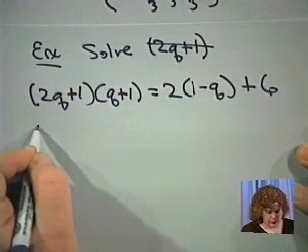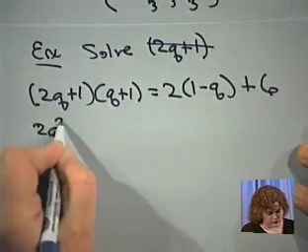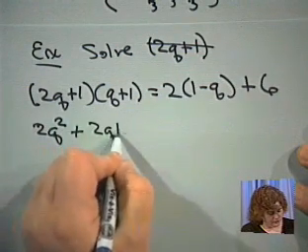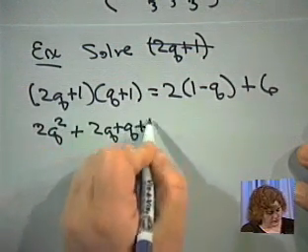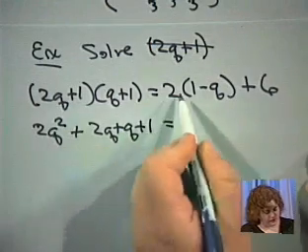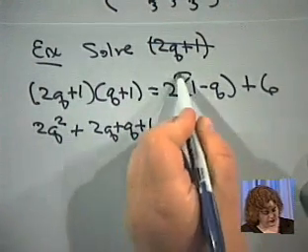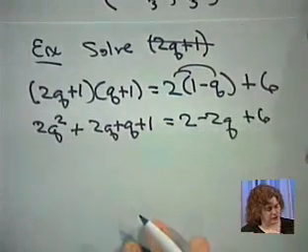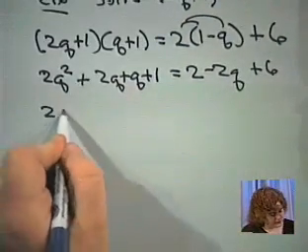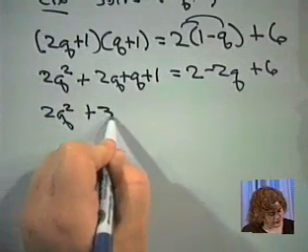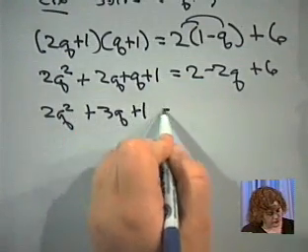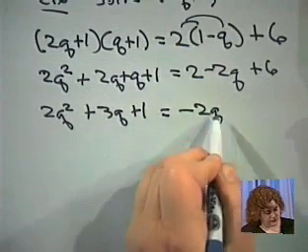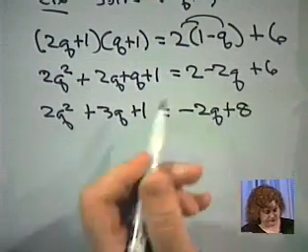When we FOIL this, we'll have 2q squared plus 2q plus q plus 1. And using the distributive property over here, 2 minus 2q plus 6. We can simplify on the left: 2q squared plus 3q plus 1, and 2 plus 6 is 8, so we've got a minus 2q plus 8.